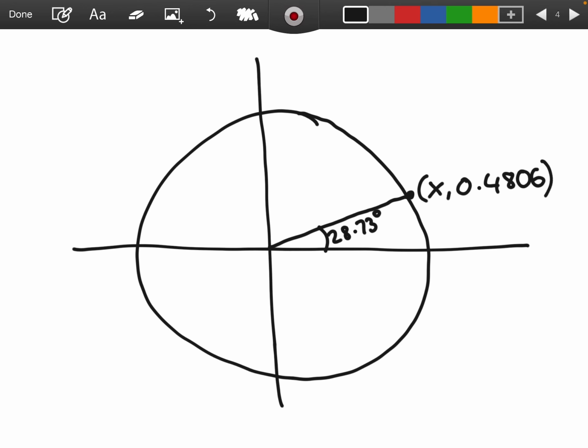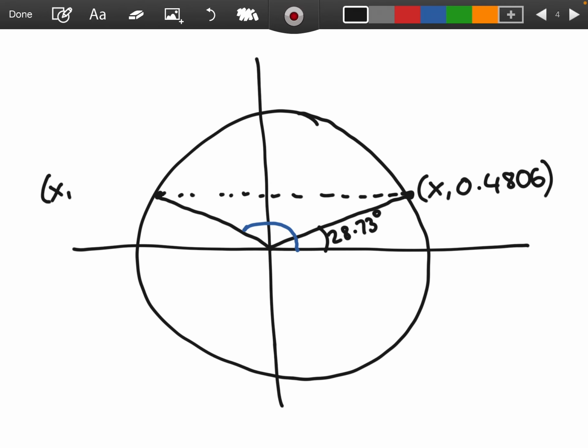Okay, so the point where the terminal side hits that unit circle has a y-coordinate of 0.4806. However, it's not the only angle that has a y-coordinate of 0.4806. Remember, the sine of the angle is always the y-coordinate. If I dot out a line here, this angle that has a terminal side here, I'll draw the angle out here in blue, this angle here also has a y-coordinate.